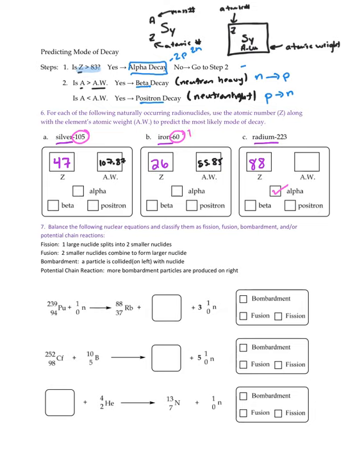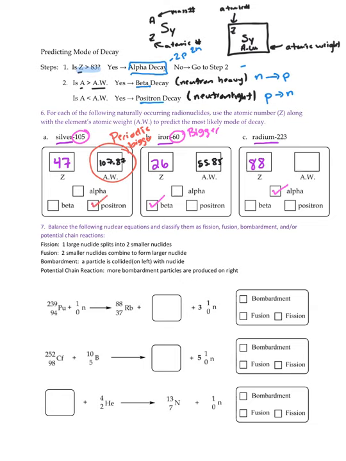If that mass number is bigger, it's beta, right? If your isotope has a bigger mass number than the atomic weight, it has too many neutrons, bigger is beta. I love when there's alliteration. Now, if the opposite is true, if what is on the periodic table is bigger, then you have positron.